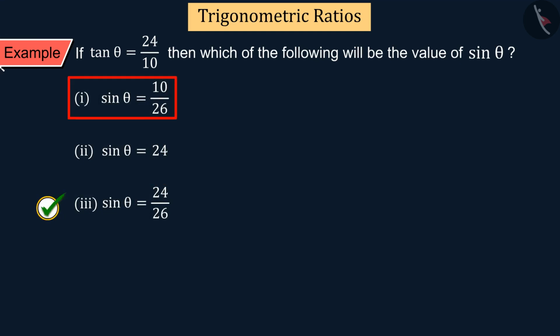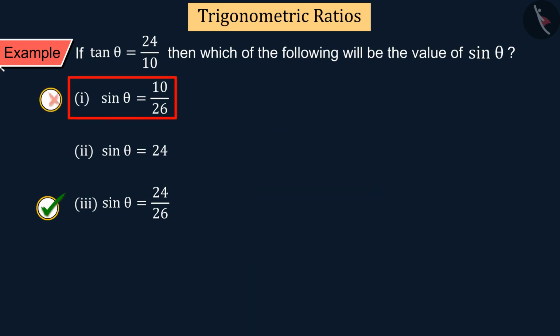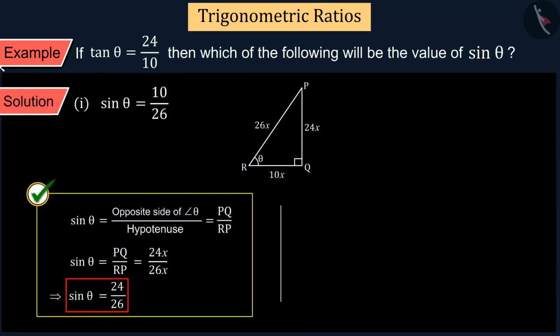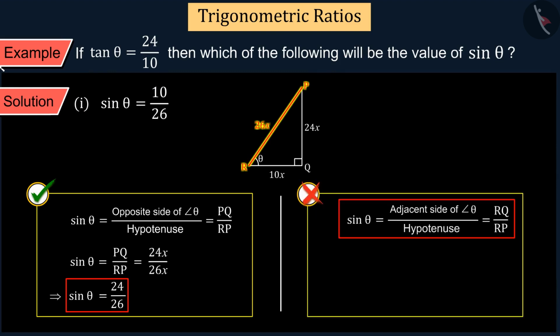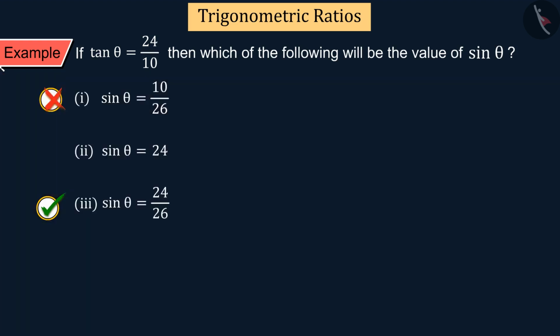If you chose option 1, then it is a good try, but this is the wrong answer. From the beginning of the solution till you calculated the hypotenuse, you did the process correctly. But to calculate sin theta, you used the adjacent side instead of the opposite side, which caused your answer to be incorrect.